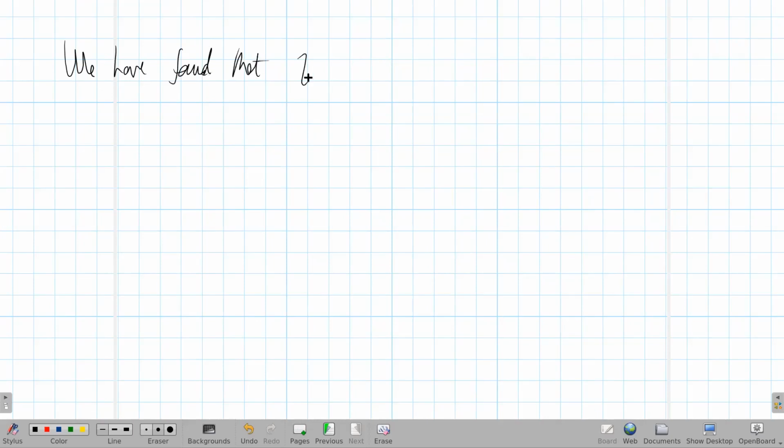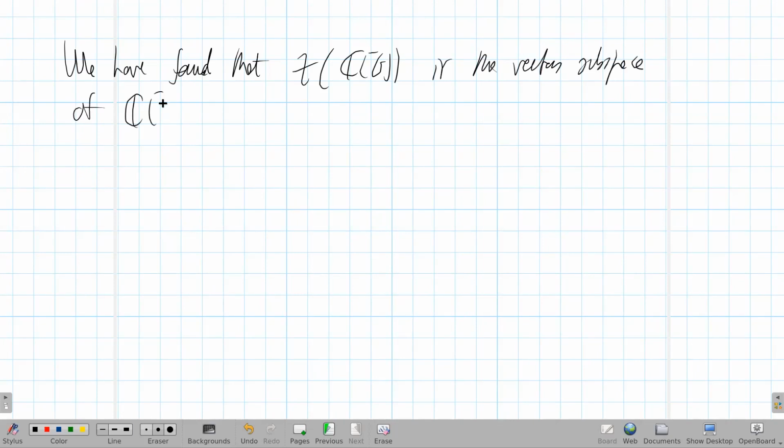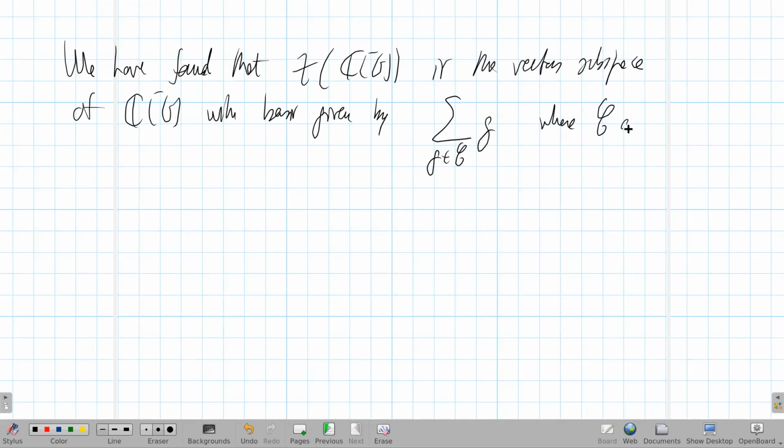What we have found is that the center of CG is the vector subspace of CG with basis given by the sums over C of G, where the C_i are the conjugacy classes.